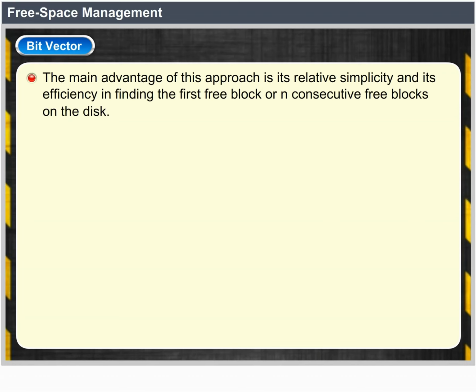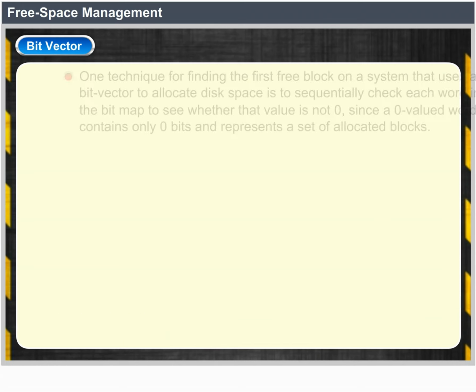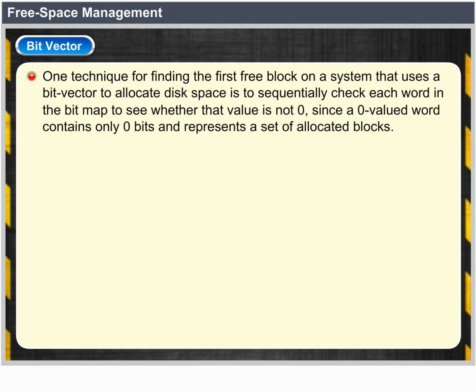Indeed, many computers have bit manipulation instructions that can be used effectively for that purpose. One technique for finding the first free block on a system that uses a bit vector to allocate disk space is to sequentially check each word in the bitmap to see whether that value is not 0, since a 0-valued word contains only 0 bits and represents a set of allocated blocks.